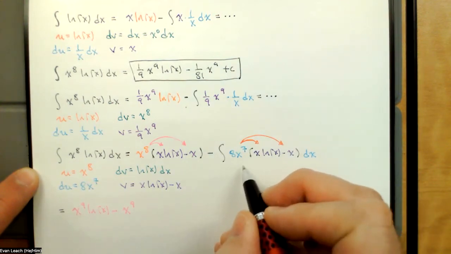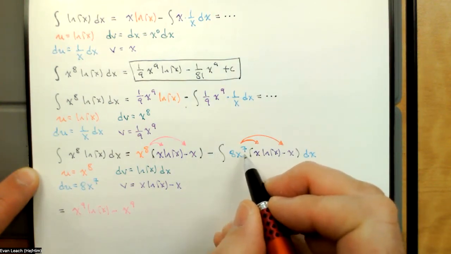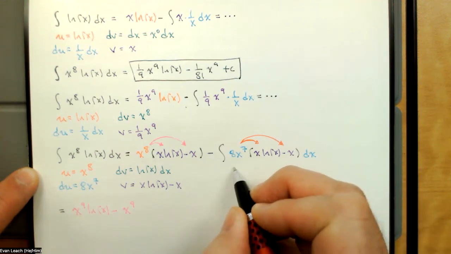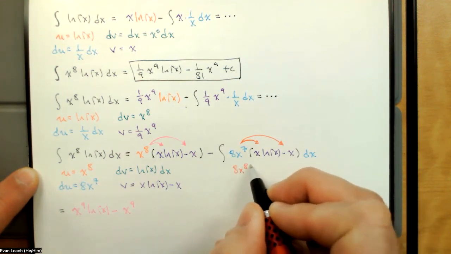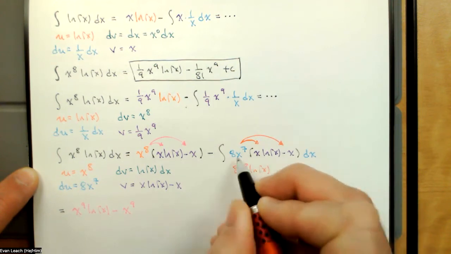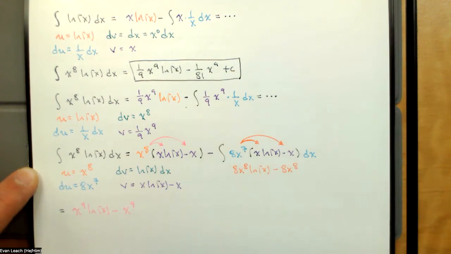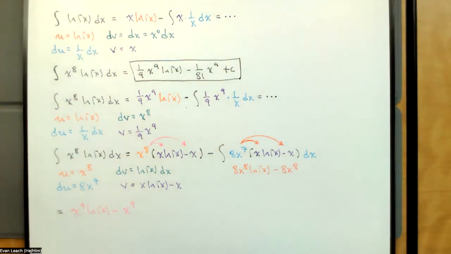So my integral in here is going to be the integral of 8x to the 8 natural log of x minus 8x to the 8. Now I'm going to break this into 2 different integrals.